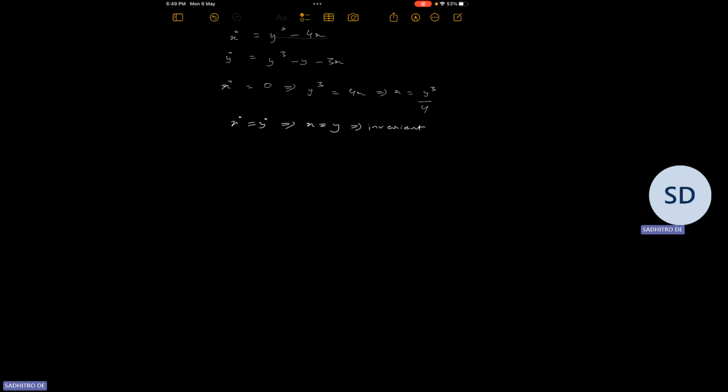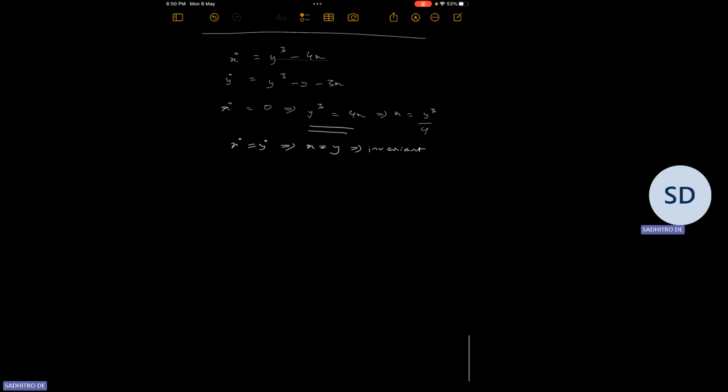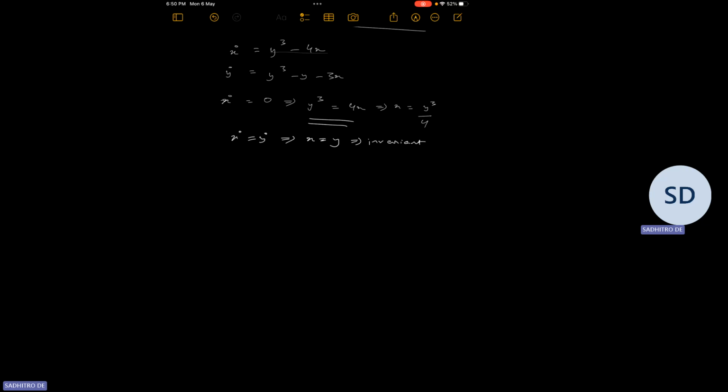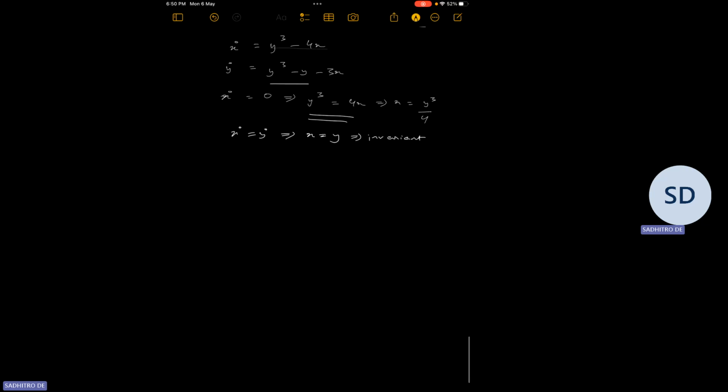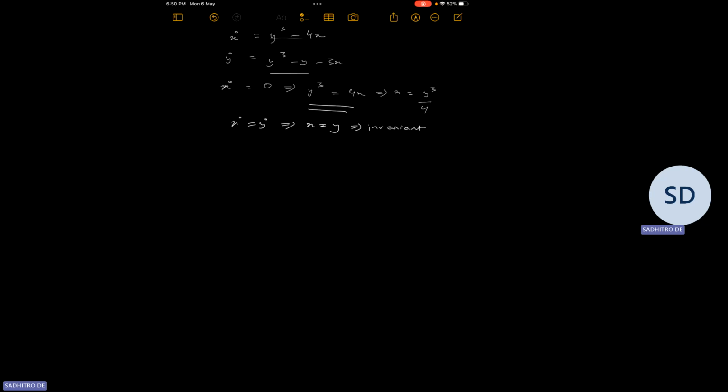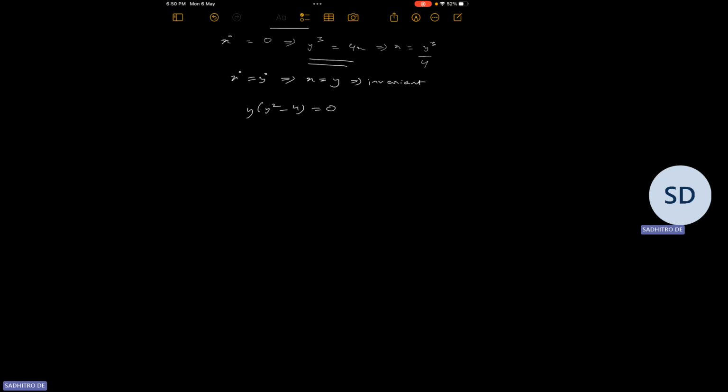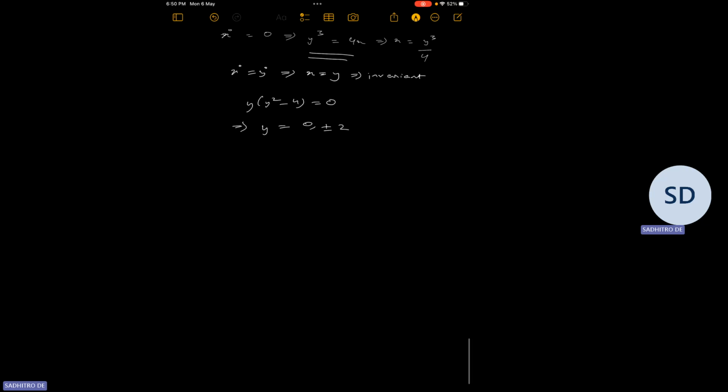So again we basically have to find the fixed points. So x should be equal to y cube by 4 for the fixed point, and if you substitute x equal to y cube by 4 into this equation, then what you end up getting is that y into y square minus 4 is 0. This gives us y equal to 0 and plus minus 2.